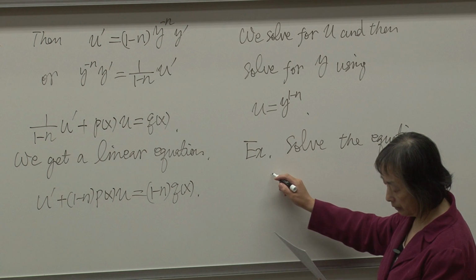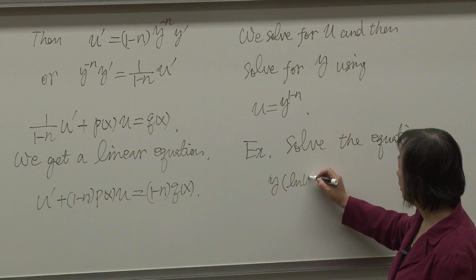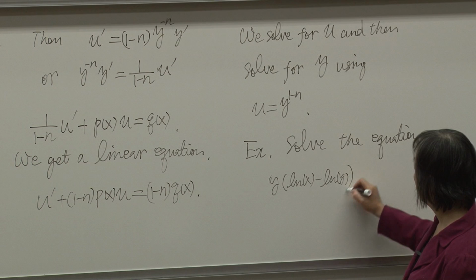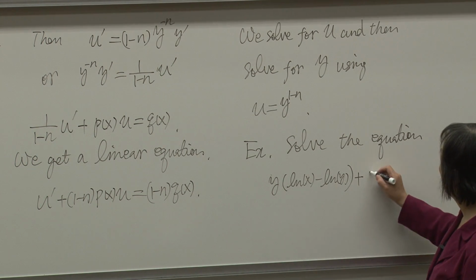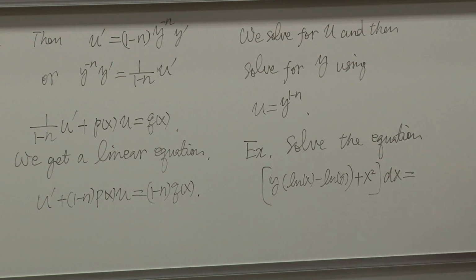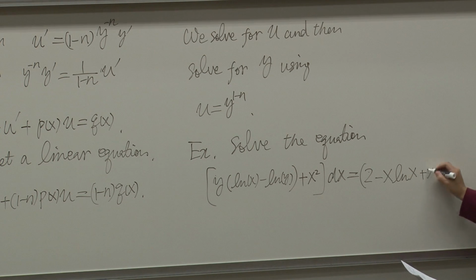On the left-hand side of the equation, we got y times log of x minus log of y plus x squared times dx. On the other side, we have 2 minus x times log of x plus x times log y dy.